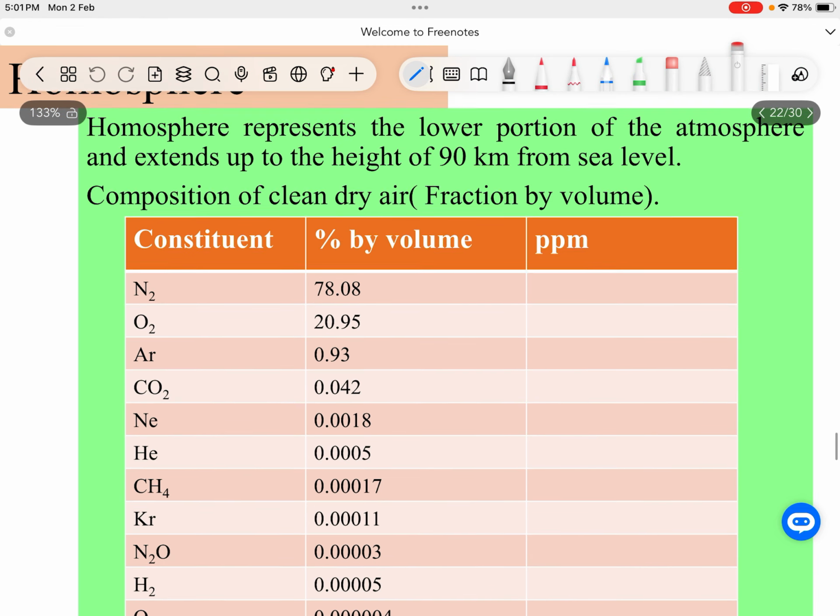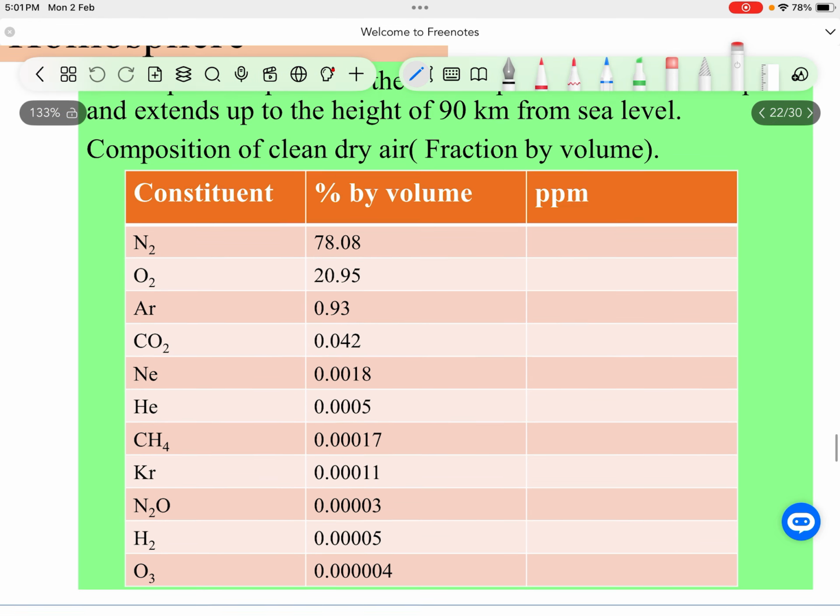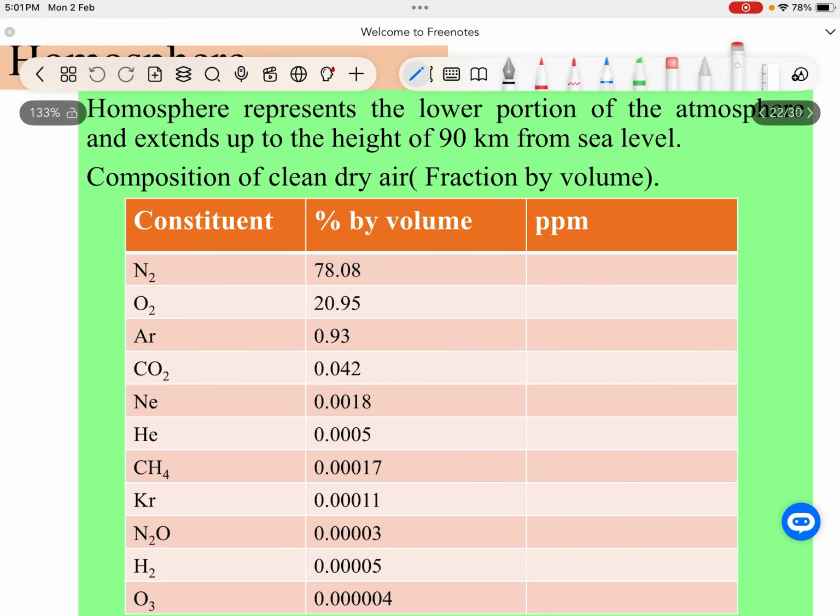So this uniform composition is depicted in this table: nitrogen is 78% by volume, oxygen is 20.9%, that is 21%, then we have argon, that is 0.93%, then carbon dioxide, which is about 0.042%, and then we have neon, helium, methane, krypton, nitrous oxide, hydrogen, then ozone.